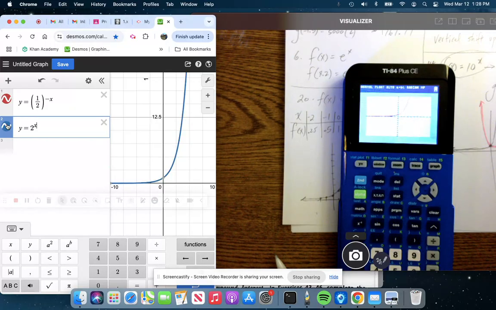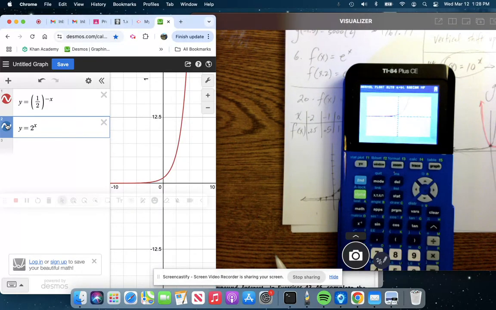Notice they're the same graph, right? So negative exponents can be eliminated by taking the reciprocal of the base. All right.